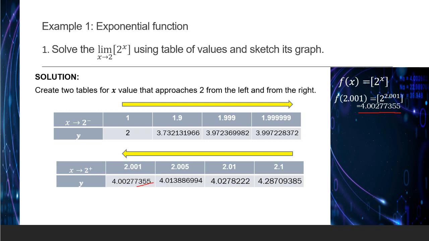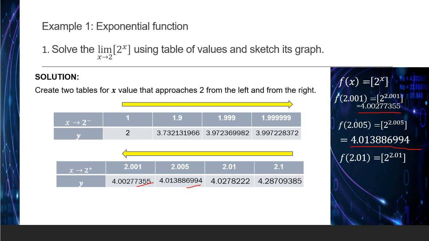Next, how about if x is 2.005? This is equal to 2 raised to 2.005, and by the use of your calculator, we can get 4.0138869994.